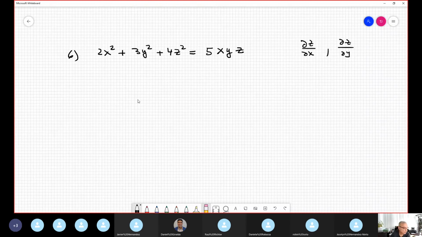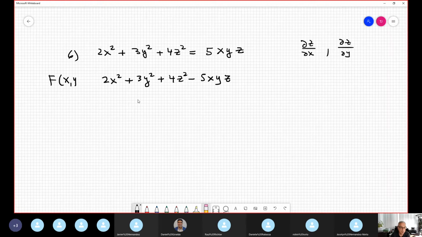You copy something like that: 2x squared plus 3y squared plus 4z squared minus 5xyz, and you consider that this is the capital F function that depends on x, y, z. And this is always equal to 0, because the implicit is defined under the supposition that the equation looks like that.